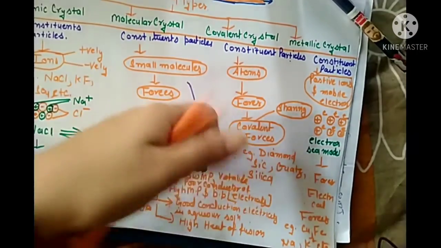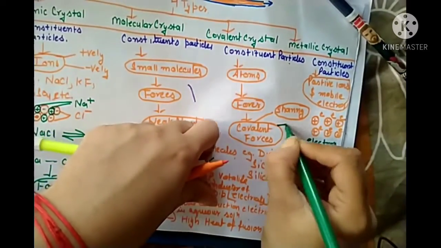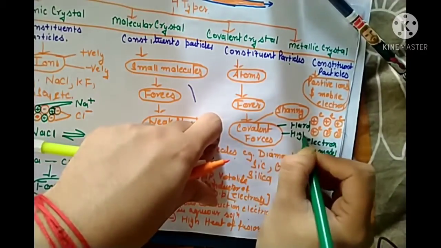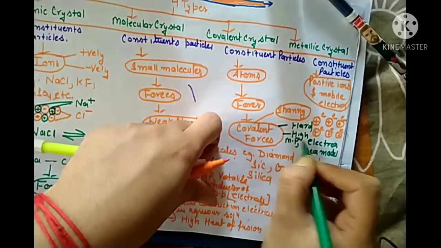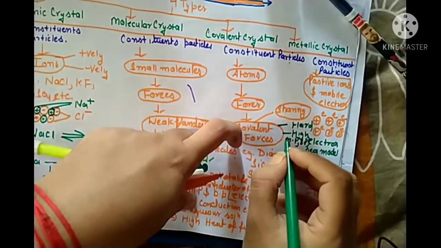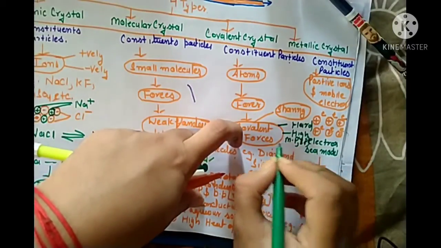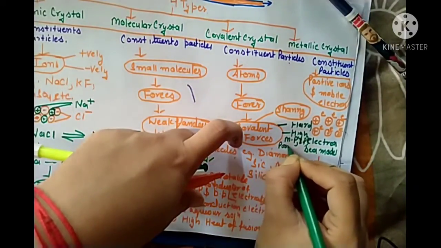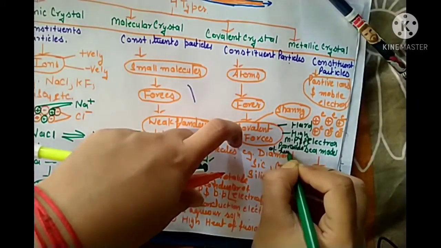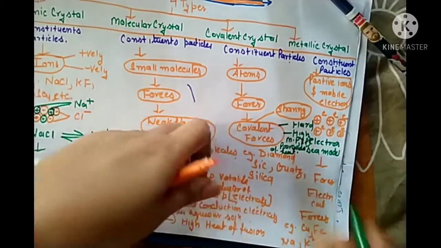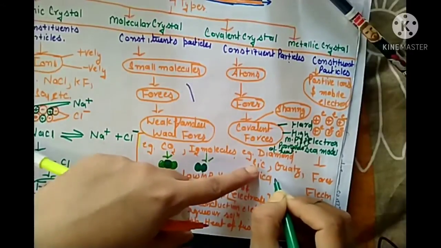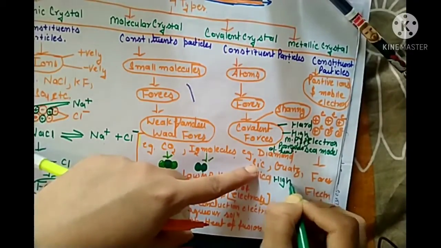Their characteristics are: they are hard, have high melting and boiling point, are poor conductors of heat, and have high heat of fusion.